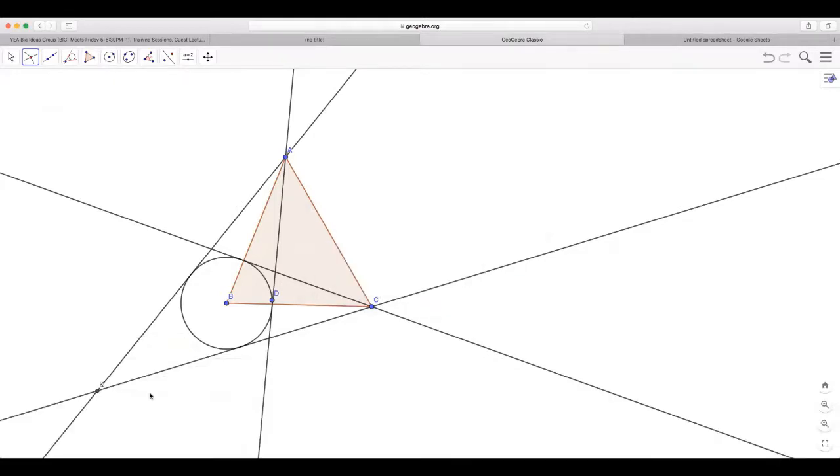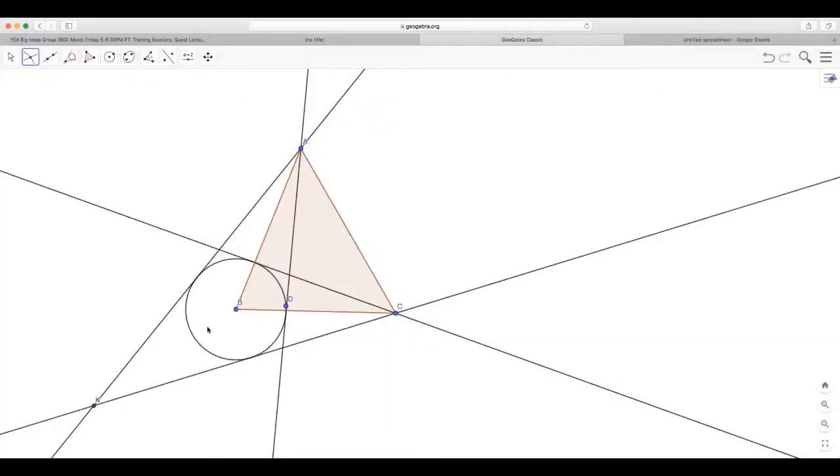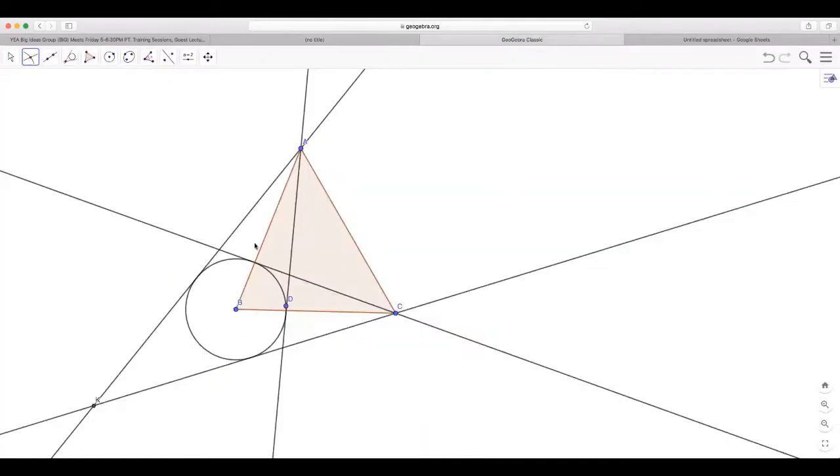Okay, I think I will rename it because it's getting confusing. KA and KC, such that XY is parallel to BC and XY is also tangent to omega. Parallel to BC? Yeah.